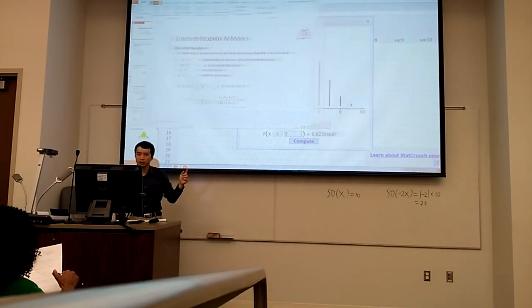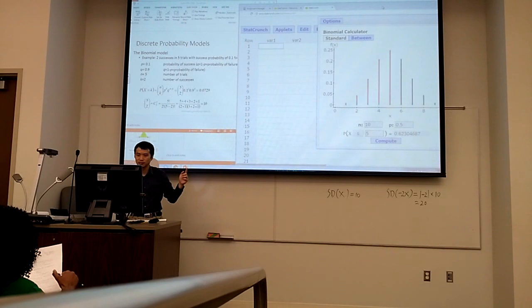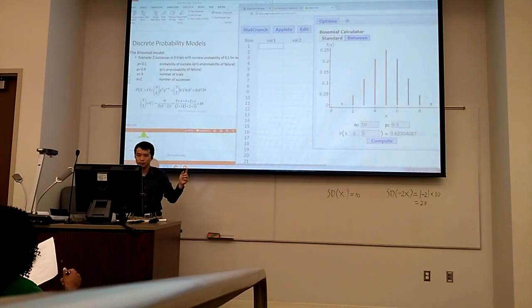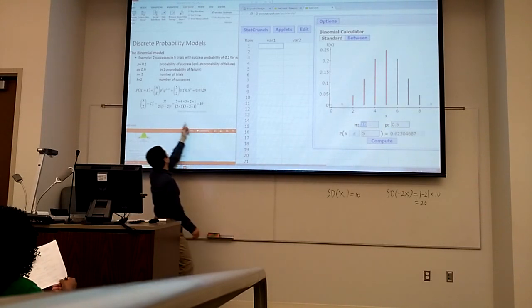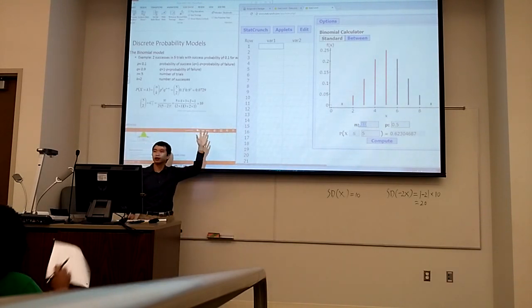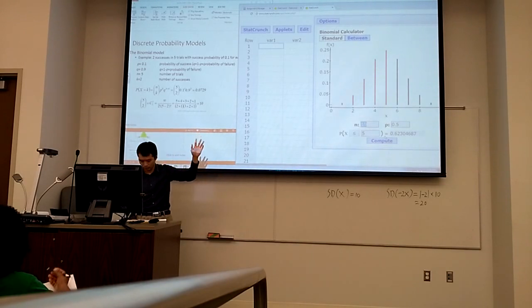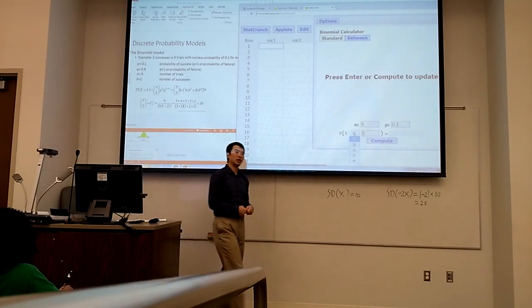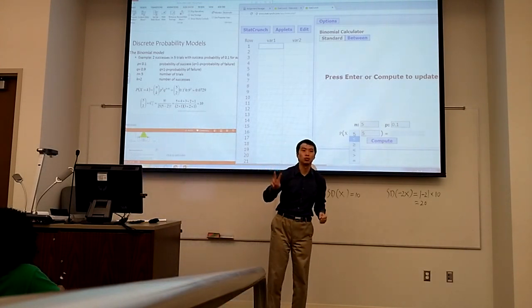If we go back here, N is equal to 5, so we have a total number of trials of 5, and the probability of success is 0.1. And we are interested in the probability of having exactly 2 successes.